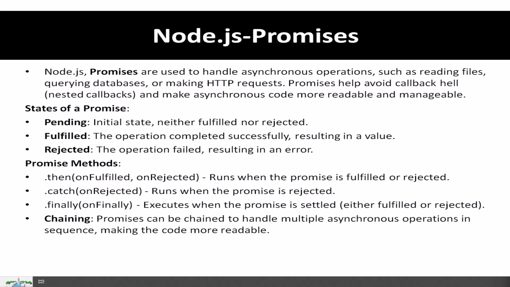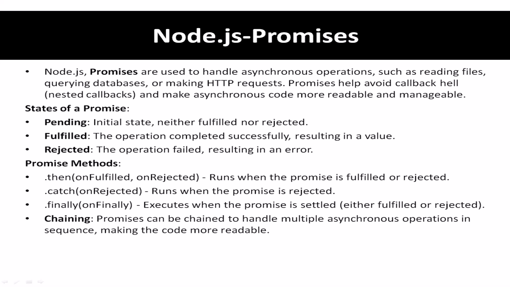States of a promise. First one is pending: the initial state, neither fulfilled nor rejected. Fulfilled: the operation completed successfully, resulting in a value. Rejected: the operation failed, resulting in an error. Next, promise methods. Then: runs when the promise is fulfilled or rejected.